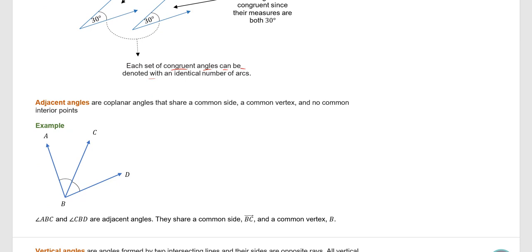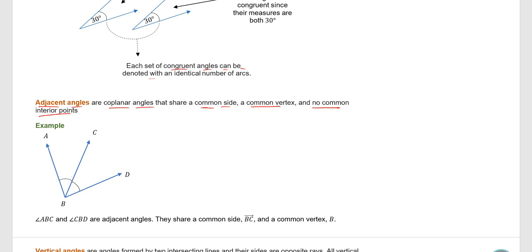Yet another type of angles are adjacent angles, which are coplanar angles that share a common side, a common vertex, and no common interior points. So no common interior points, right? Separate interiors from here and here.